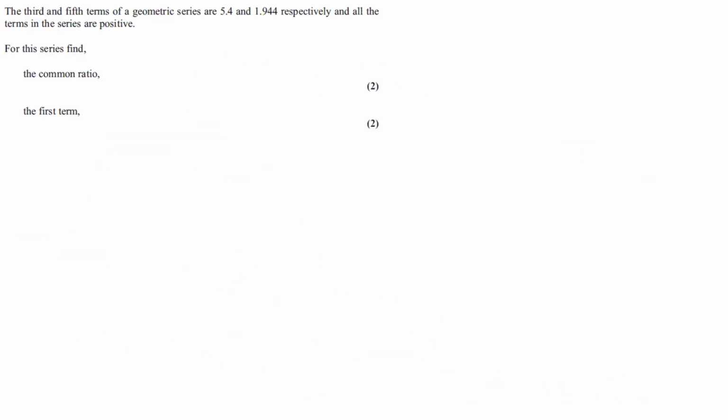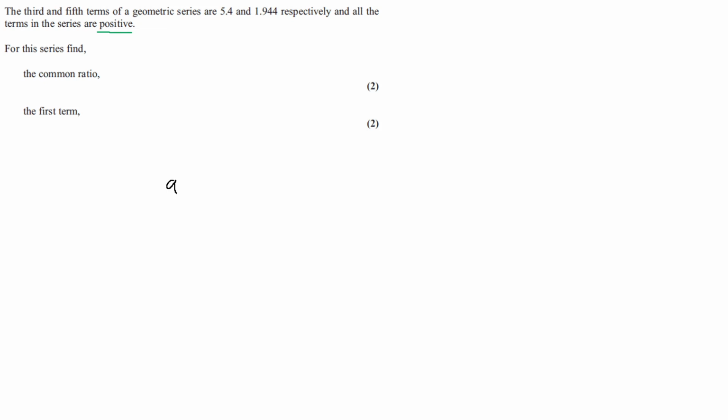We can get a question like this though, where we're going to have to understand how this works. The third and the fifth terms of a geometric sequence are 5.4 and 1.944 respectively. And we're also told that all the terms are positive. Okay, good. So what is the common ratio going to be? Well, let's put this as a sequence of unknowns.